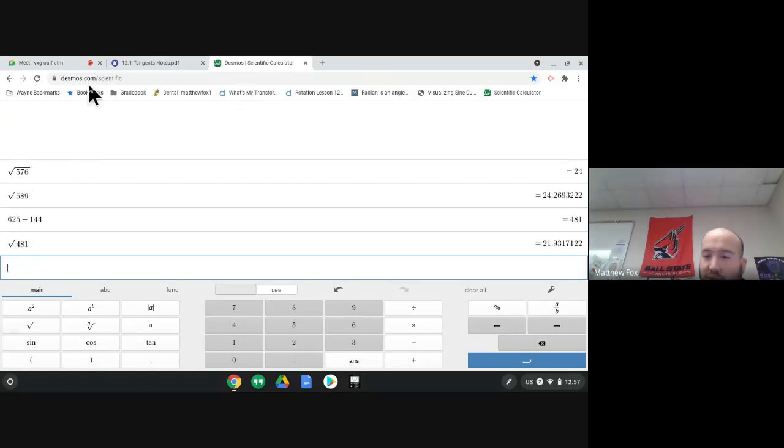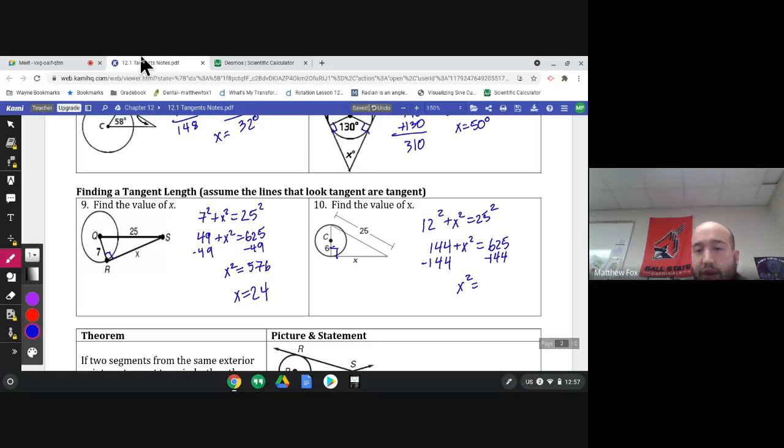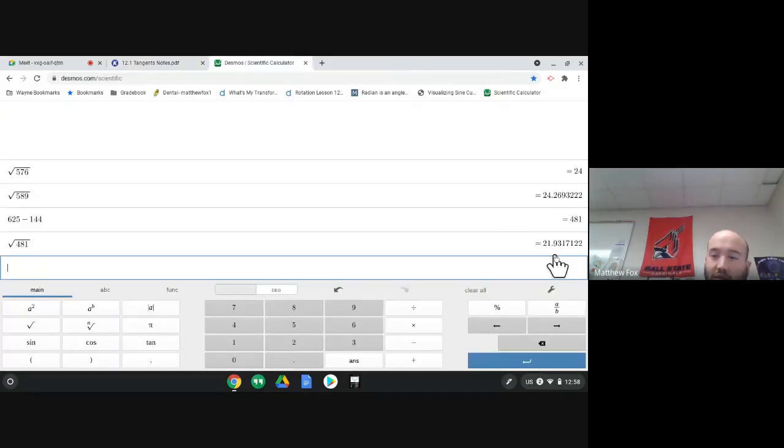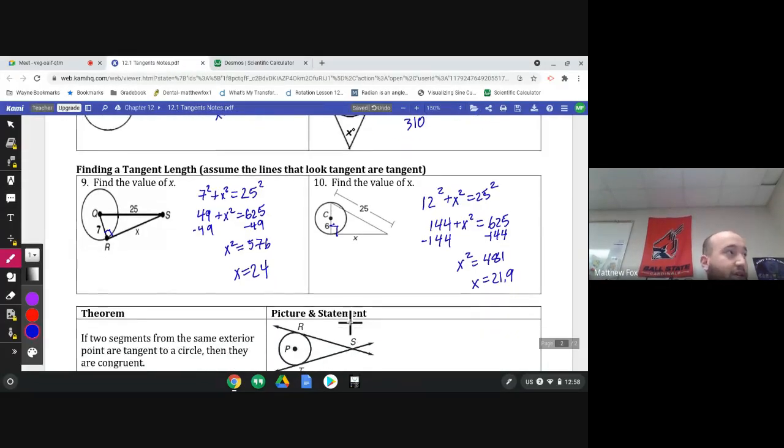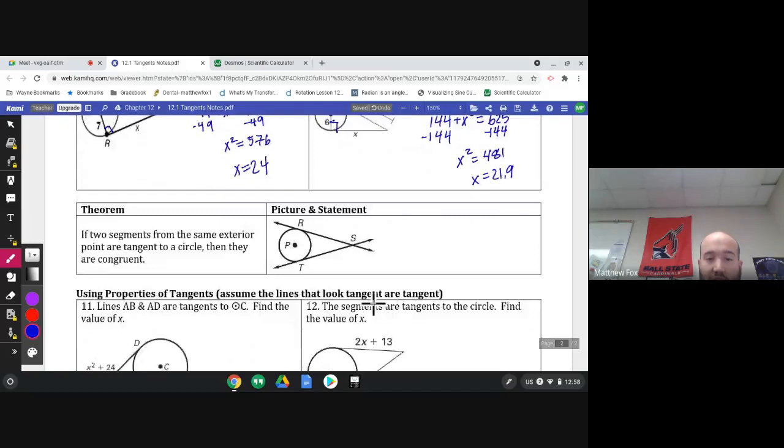Square root of 481, we will get 21.9. And it doesn't say, but let's just get in the habit, round to the nearest tenth. So in our case, 21.93 rounds down to 21.9. If it specifies, we want to do what it specifies. Okay. So now, just about done.